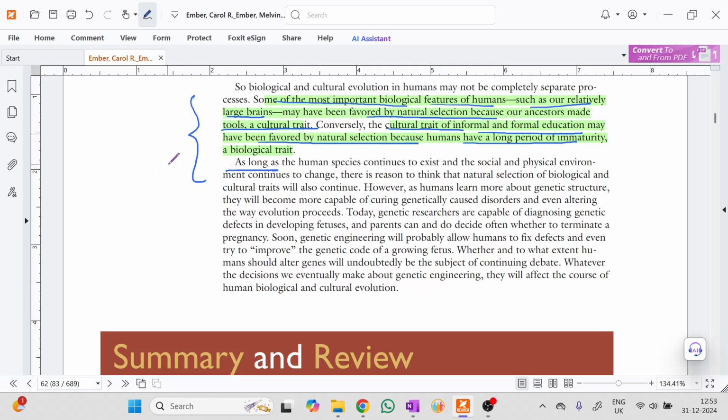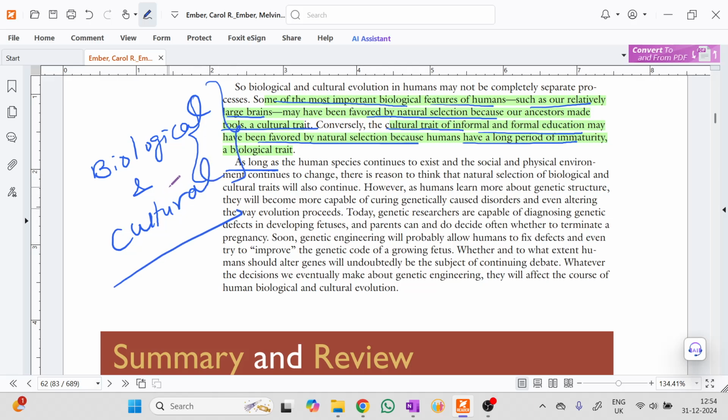So the whole dilemma of transmission of both biological and cultural traits has been set to rest in a way that both traits are similar, and both help in the survival of an individual and species. So both of them compensate each other.